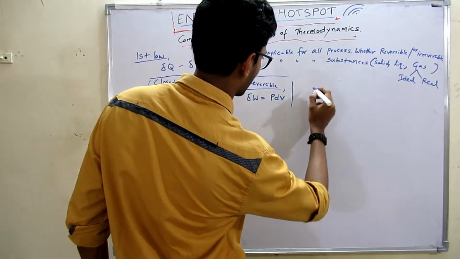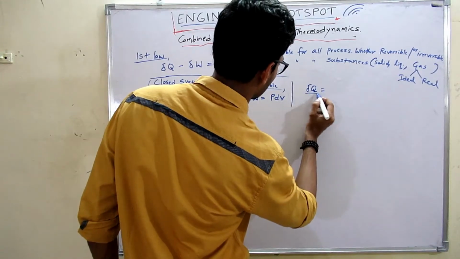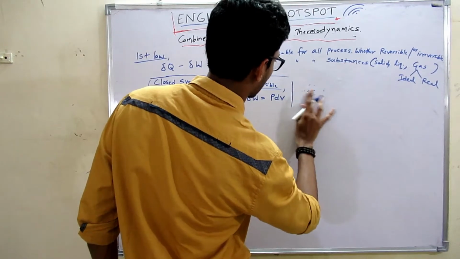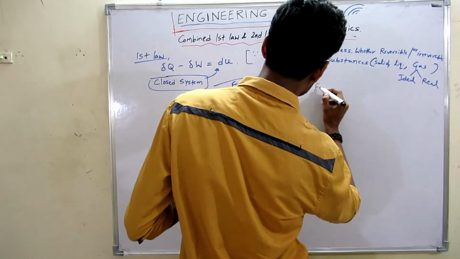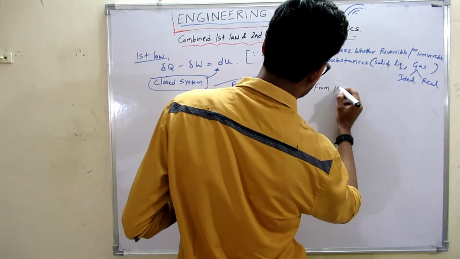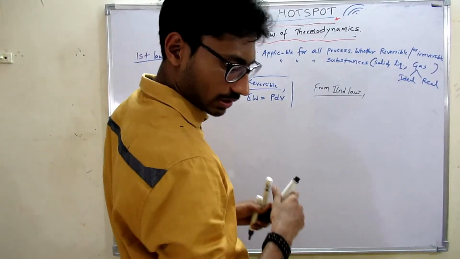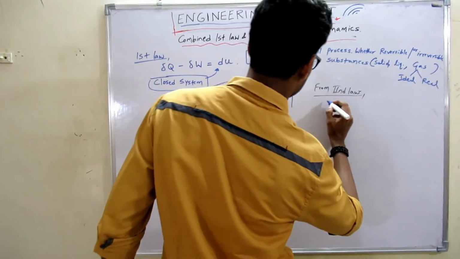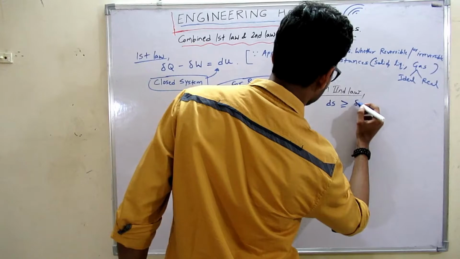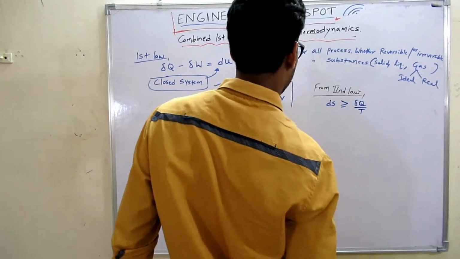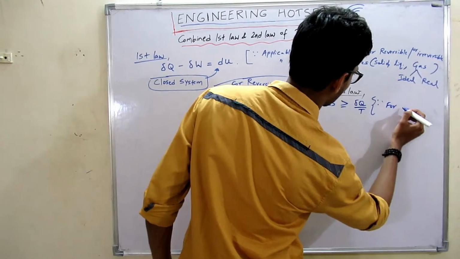And we know from second law that dS is greater than or equal to delta Q by T, for a process.